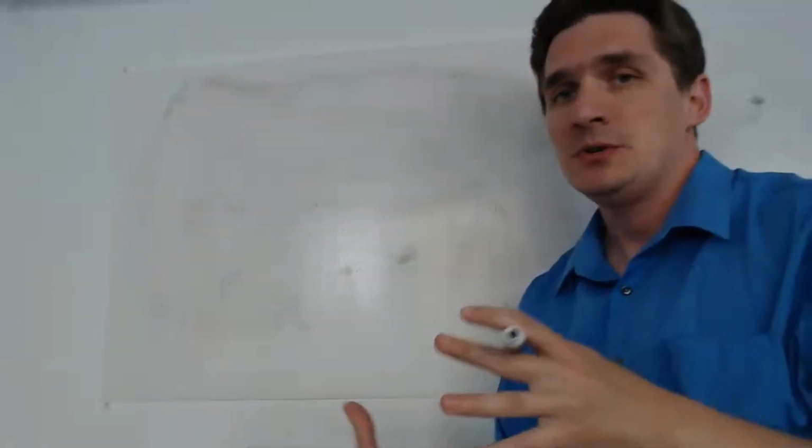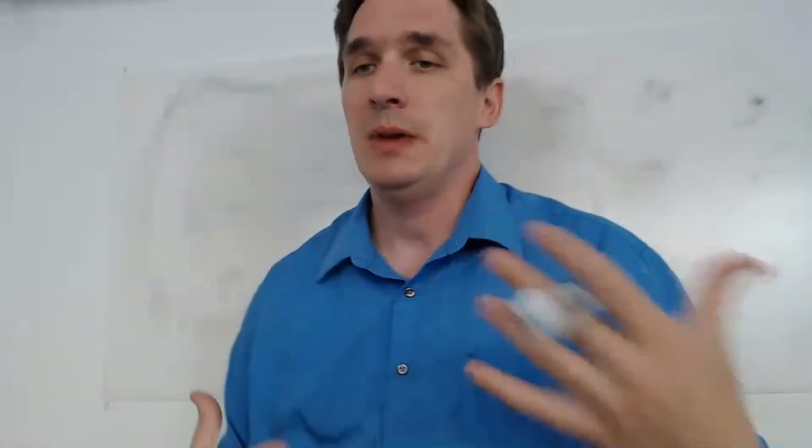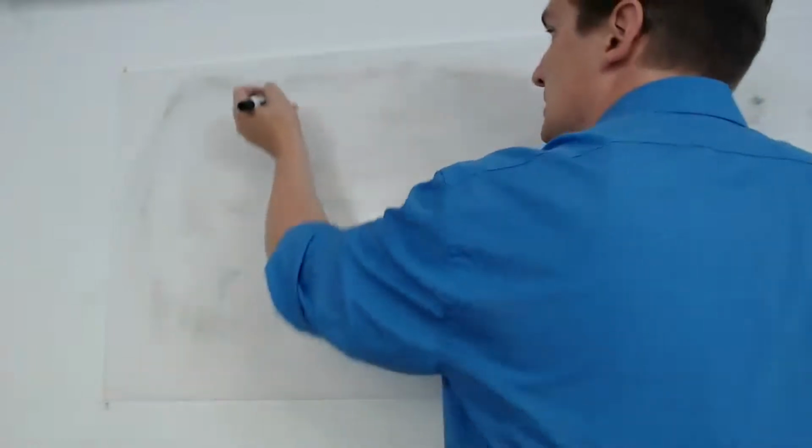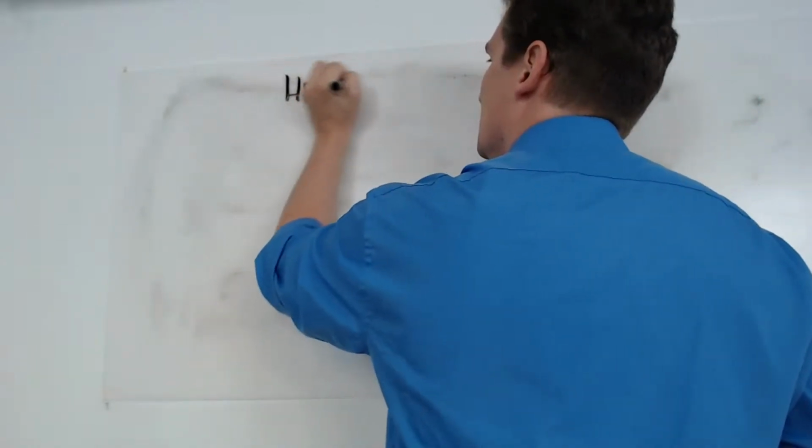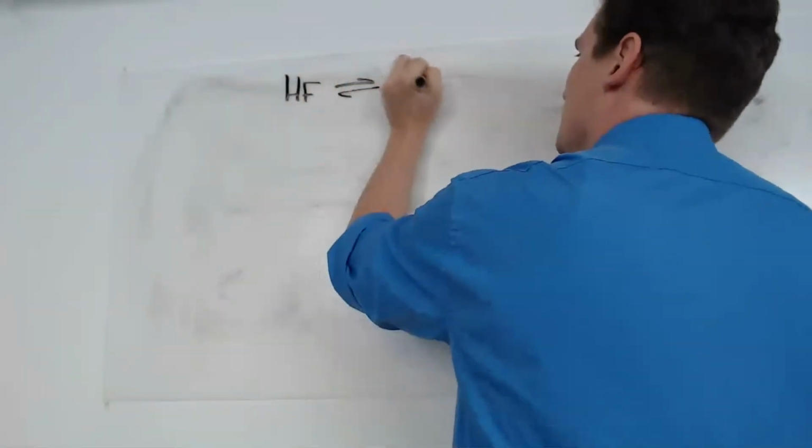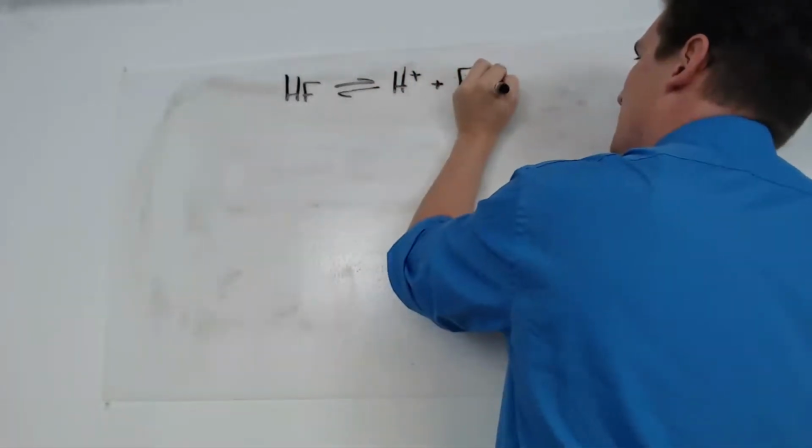So when we solve any equilibrium problem, there's always 3 things we need. We need the K, we need the IC table, we need the expression for Q. Now, because we're always working with weak acids and weak bases, the reaction is very simple. In this case, we have HF going back and forth to H plus and F minus.